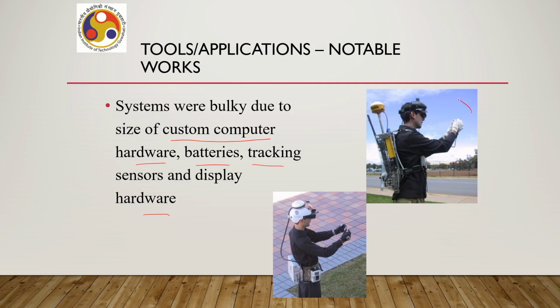So, this is technically a wearable computer, but as you can see, there is a headset with the computer being carried in the backpack, and then means of interaction through different input devices. But as the images reveal, these were quite bulky and difficult to use.